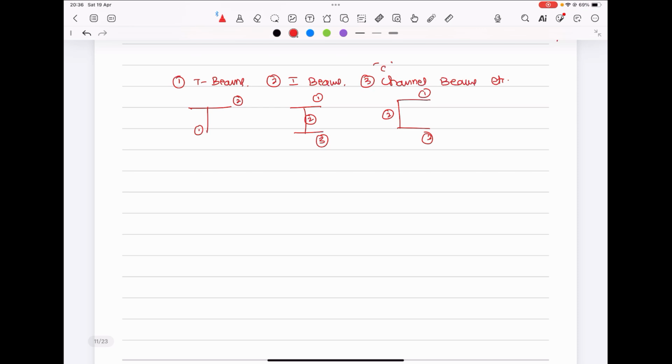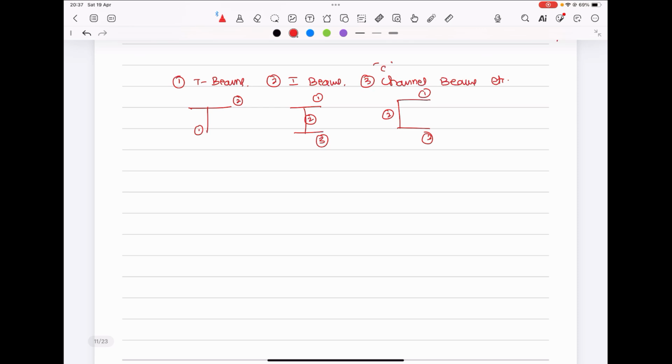So this way we can find the combined moment of inertia about the center of gravity. The moment of inertia about the center of gravity is very, very important in beam designs, because the neutral axis of the beam passes through the center of gravity. That is the fundamental reason for which we have to find out the center of gravity. And moment of inertia will be found out for the purpose of finding the applied stresses.